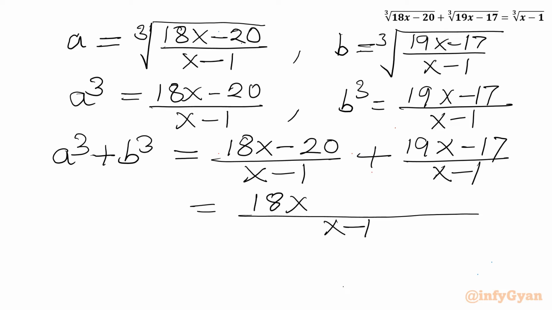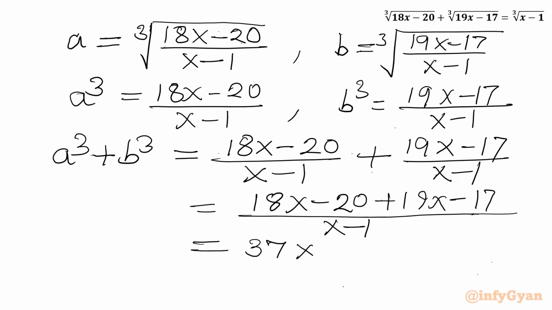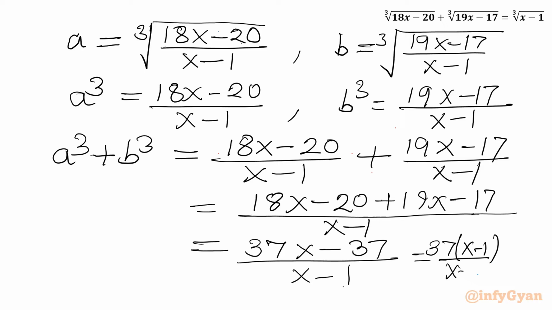The numerator simply will be added: 18x plus 19x gives 37x, minus 20 minus 17 is minus 37, over x minus 1. So this will become 37 common, (x minus 1) over (x minus 1). So this value is coming out 37. So our second equation would be a cube plus b cube equal to 37.